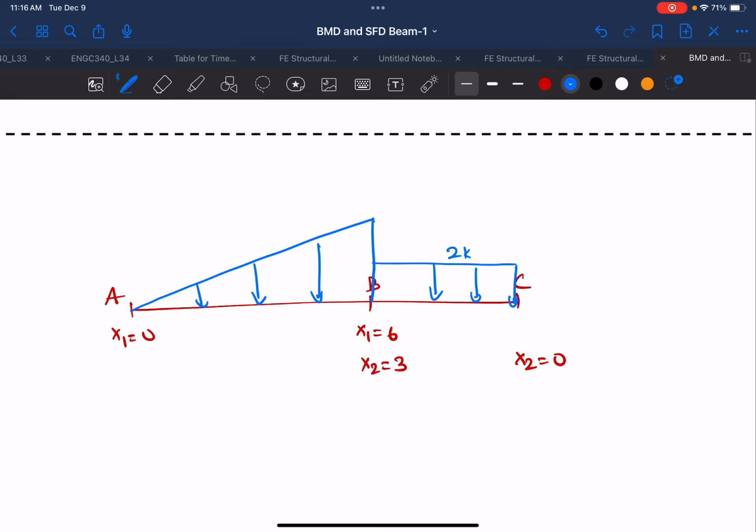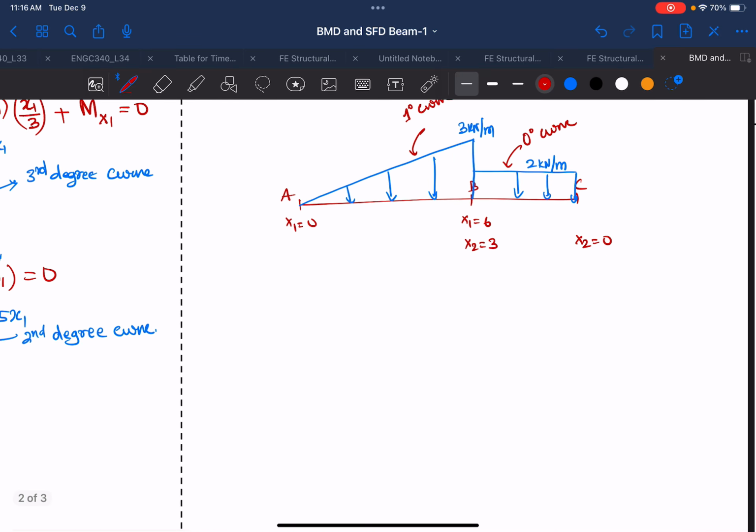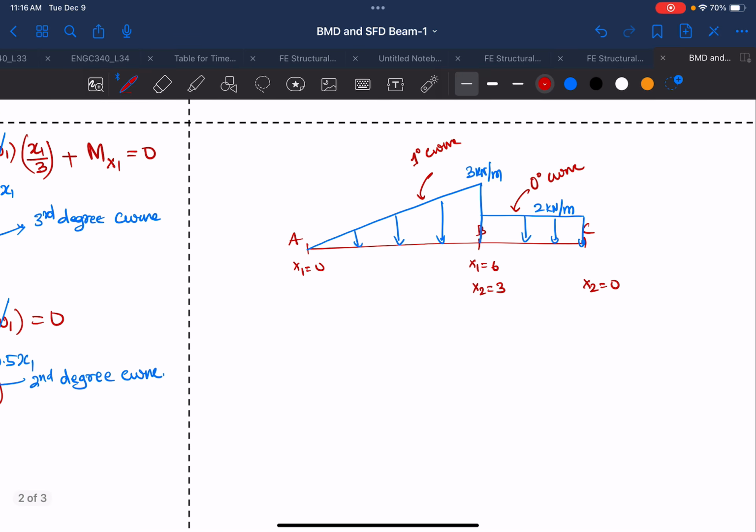Okay, so this is 2 kilonewton per meter and this is 3 kilonewton per meter. This is a 1 degree curve, and this is 0 degree curve. Okay, so for the loading, we see that a linearly increasing load is a 1 degree curve, and for a uniformly distributed load, the degree is 0 degree curve.